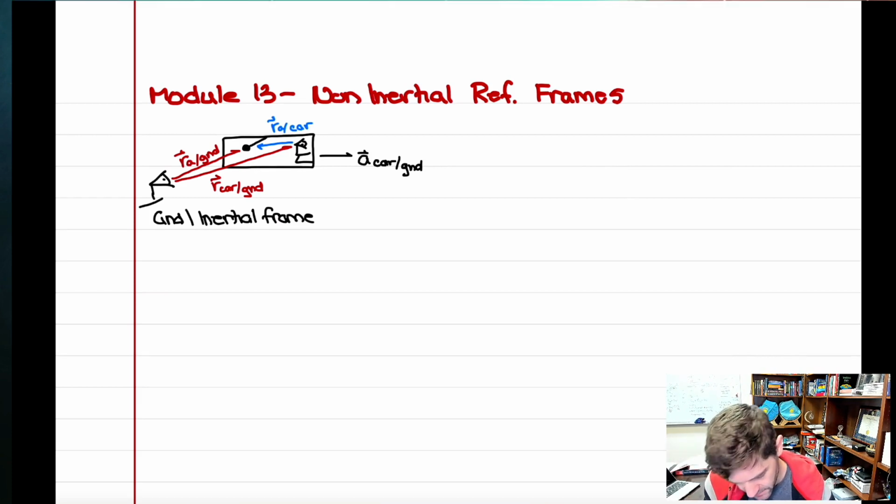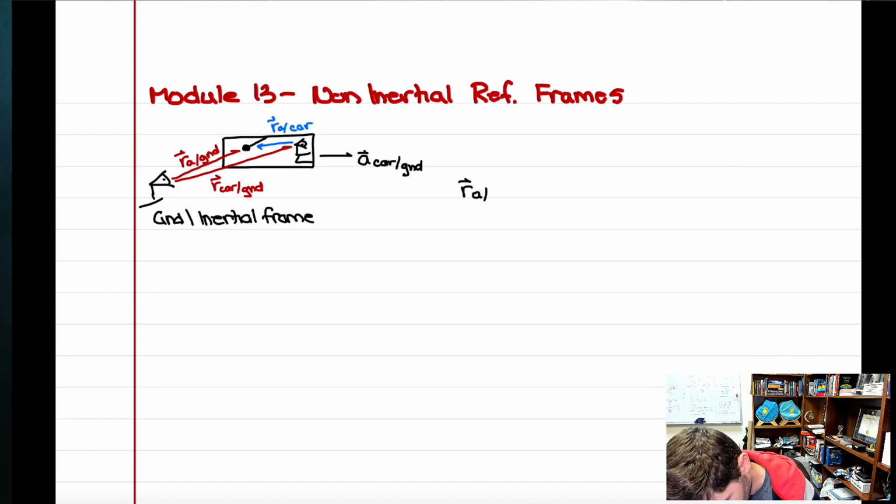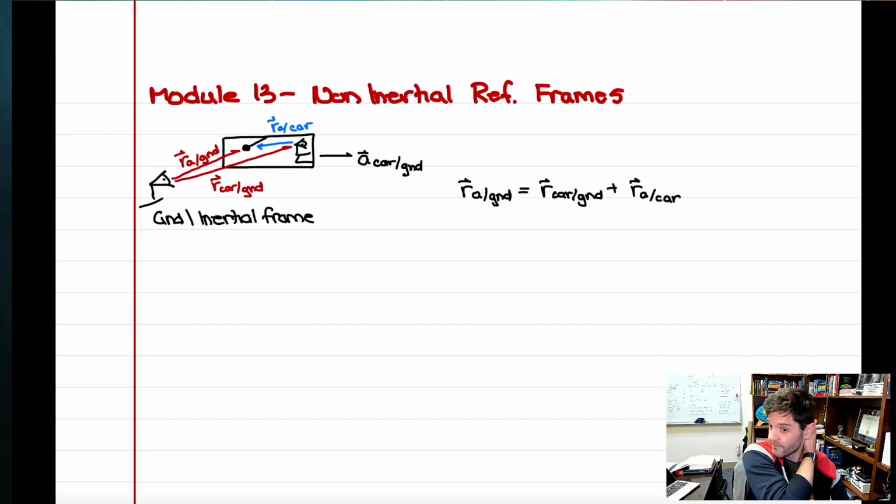And by the relative motion of it all, the position of the air freshener relative to the ground is the same thing as the car relative to the ground plus the air freshener relative to the car, just by vector addition.